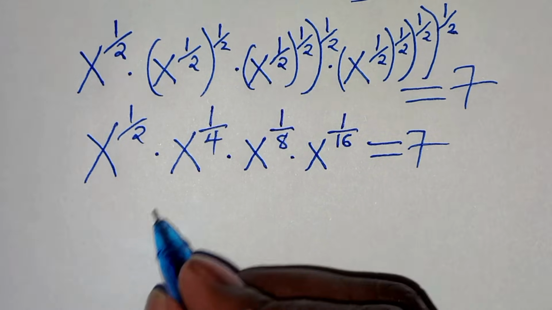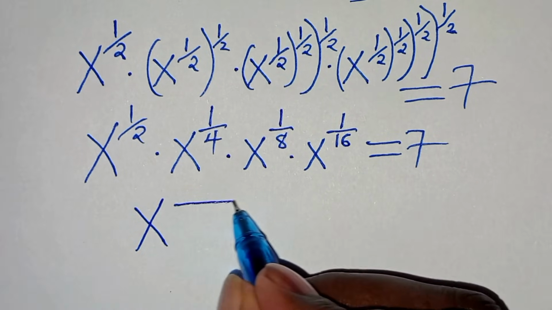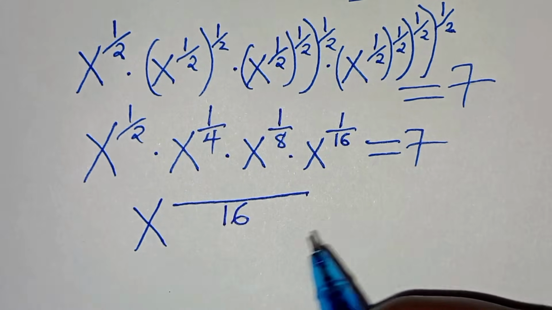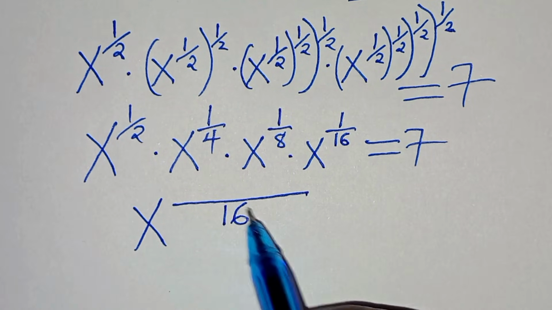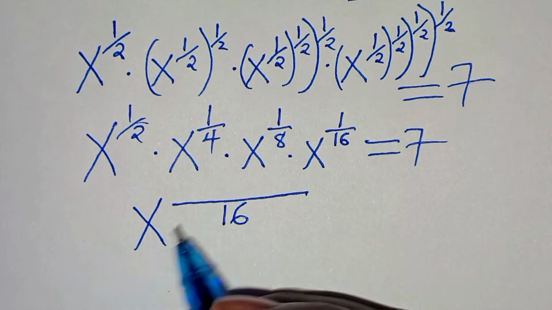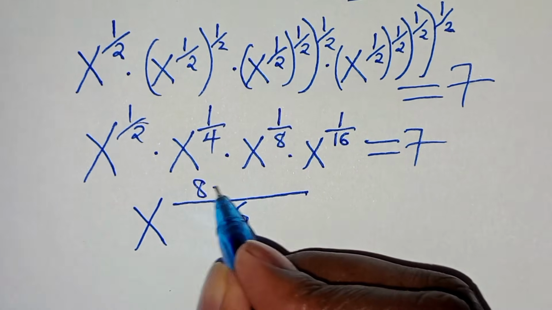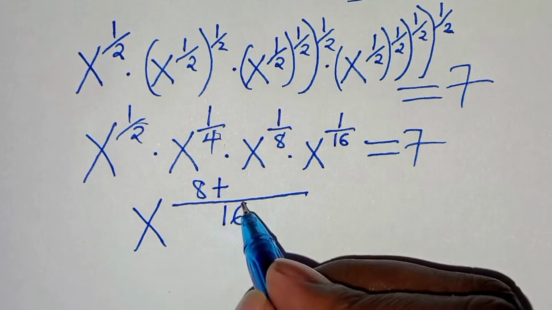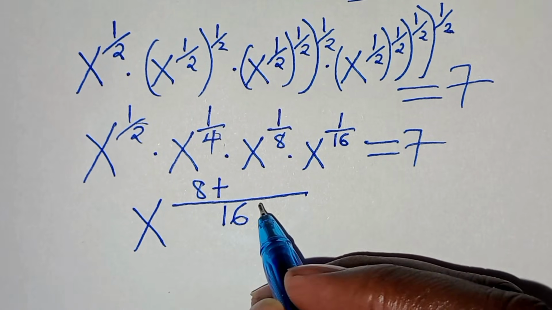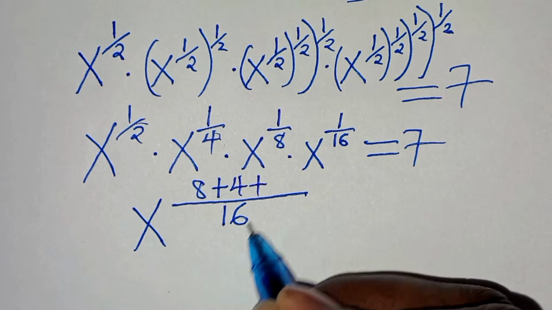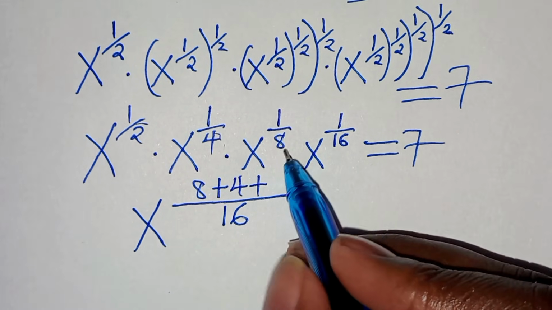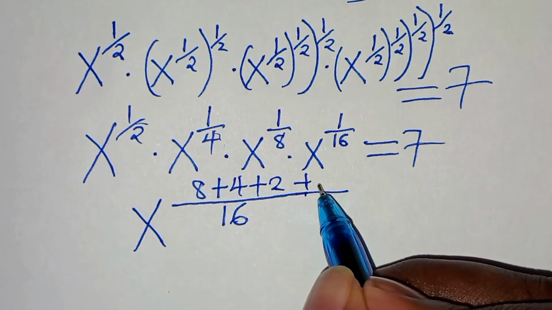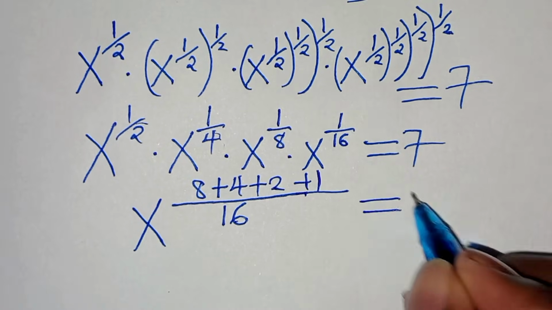Now this is x raised to the power of, we have the LCM here, which is 16, and this means that we have 16 divided by 2, this becomes 8, plus 16 divided by 4, this is 4, times 1, this becomes 4, then plus 16 divided by 8, this is 2 times 1, which is 2, then plus 16 divided by 16, this is 1, times 1, this is 1, and this is equal to 7.